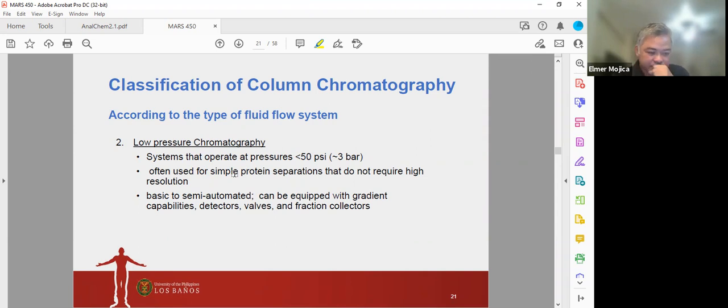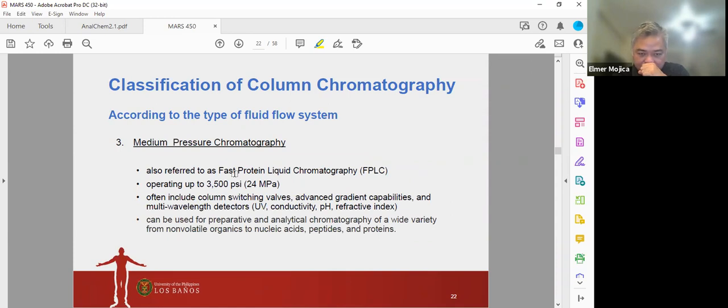And then we also have the medium pressure chromatography. I think the difference between the low pressure and the medium pressure chromatography has to do with how much pressure you operate. Here, you operate around 3,500 pounds per square inch compared to the 50 in low pressure.